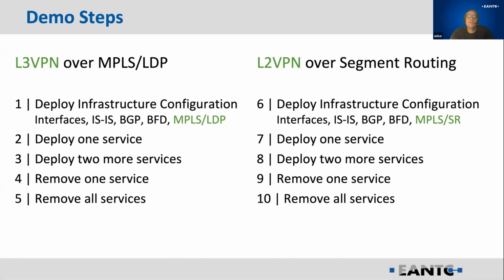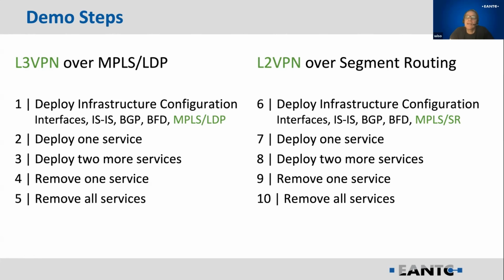Okay, so let's close the session. What we have seen in the demo is the creation and deletion of Layer 2 and Layer 3 VPN services. We started with the creation of the infrastructure, including all the interfaces, ISIS, BGP configuration, BFD, and MPLS LDP for the Layer 3 VPNs. Then we created one service, two more services, and we removed one after another.